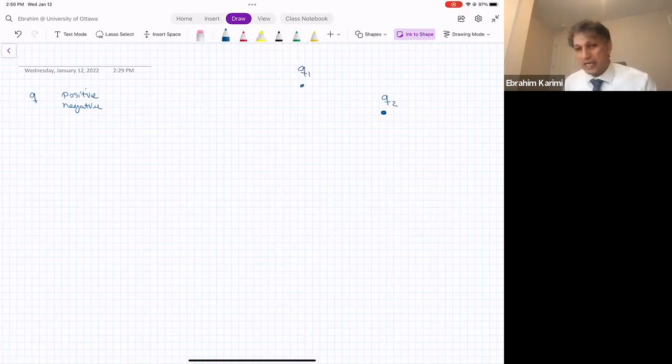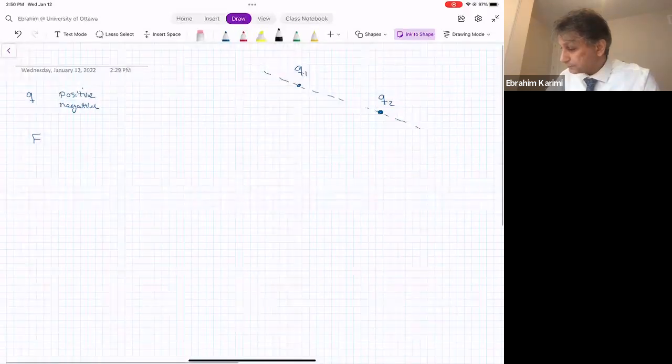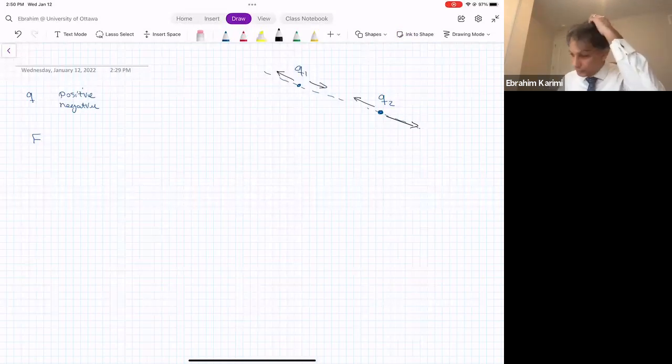And this force is repelling or attracting depending on the sign of Q1 and Q2. This force will be definitely aligned along this line, either repelling or attracting the two particles. So it depends really on the value of the charge.